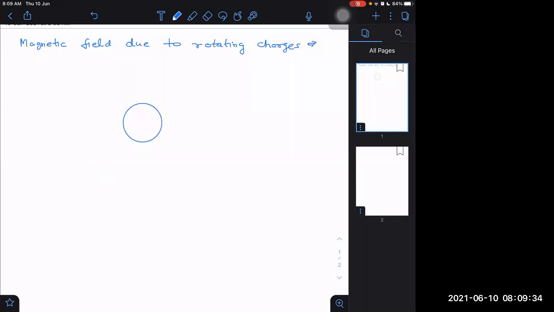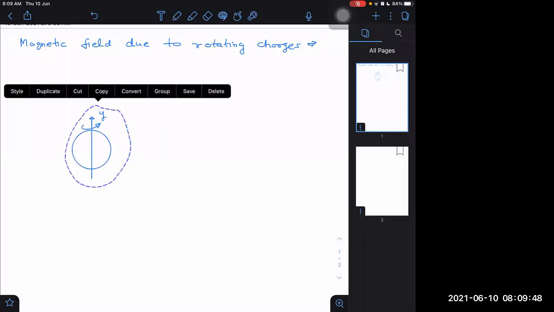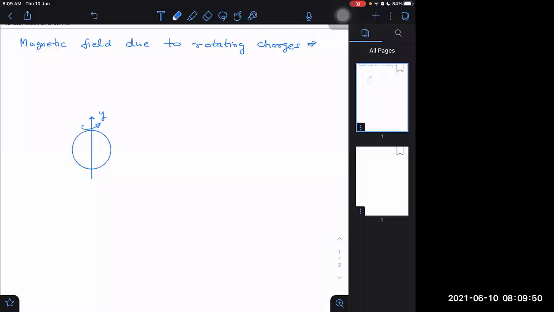If I have a rotating charged sphere, yesterday I told you how to find the magnetic moment. Let us say it is rotating about the y-axis. It is a rotating charged sphere. What would be its magnetic moment? Q by 2m into I omega.